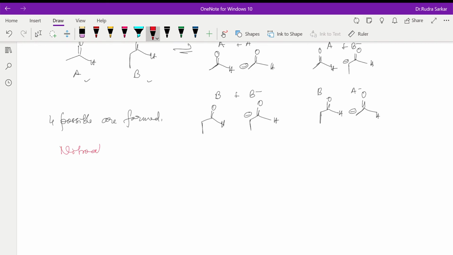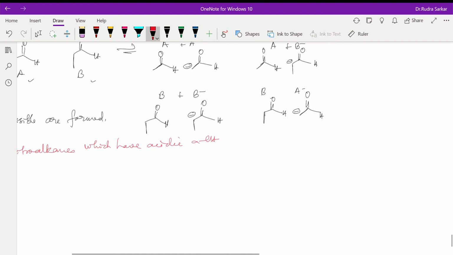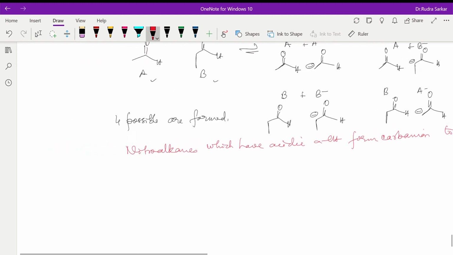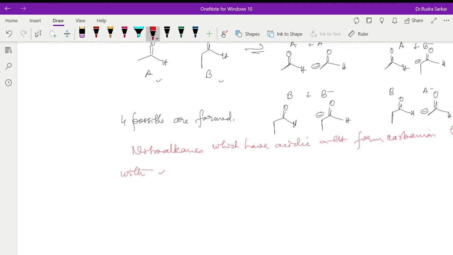Now, even nitroalkanes, which have acidic alpha CH, form carbanion to react with aldehydes and ketones. Okay.